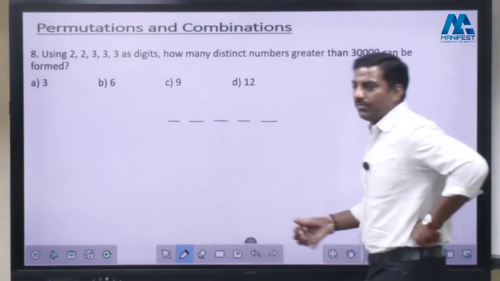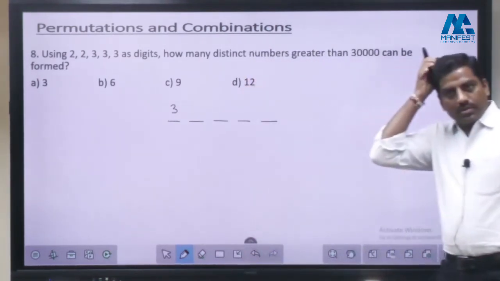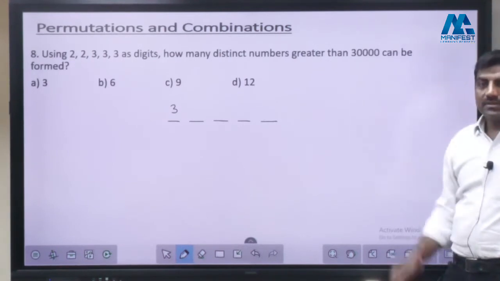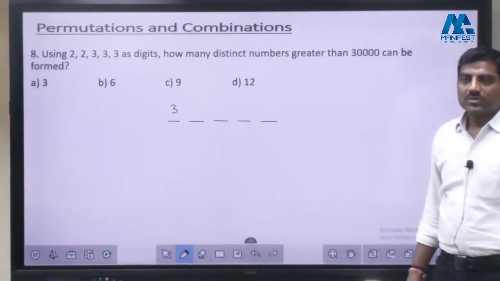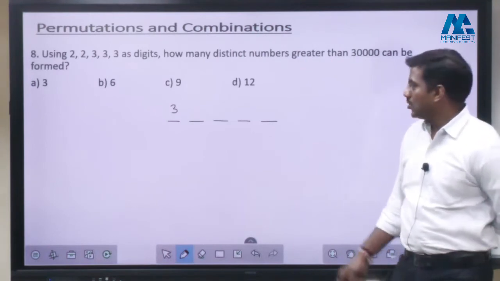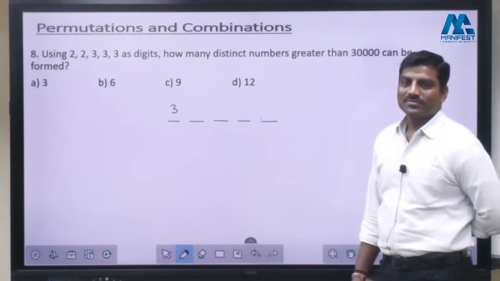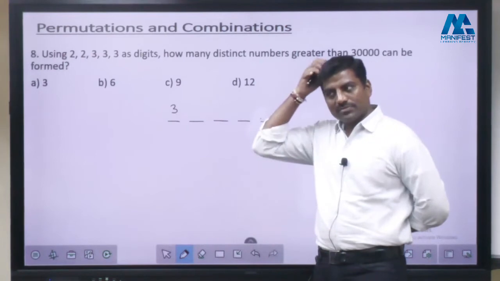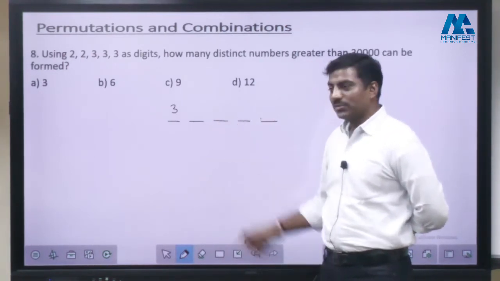So the first digit has to be 3, no? Is there any other chance? No. So now how many digits are left? 4 digits. So how do you fill this? How many ways can you fill this place? 4 ways. Then how many ways can you fill this place?